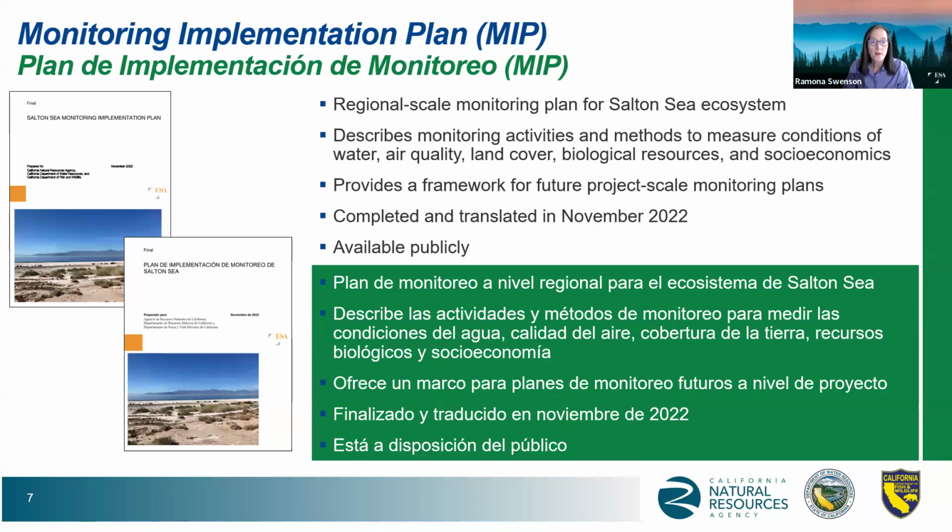The intent was to provide a framework for future project scale monitoring plans and provide status and trends information as context to interpret the SSMP's activities. The MIP was completed in November 2022 and translated into Spanish, and both versions are available publicly through the SSMP website.